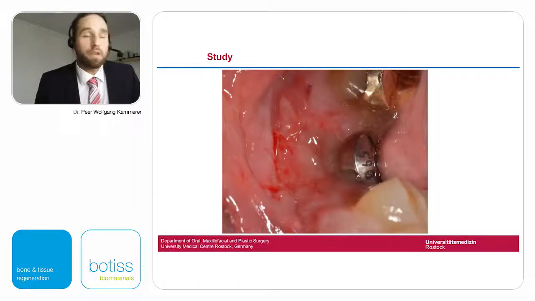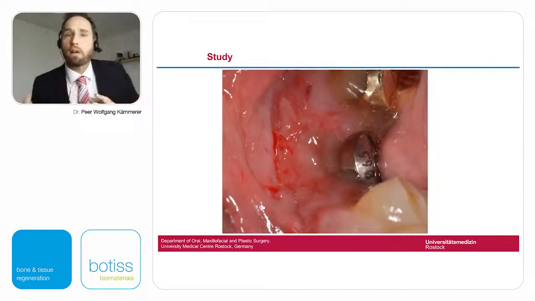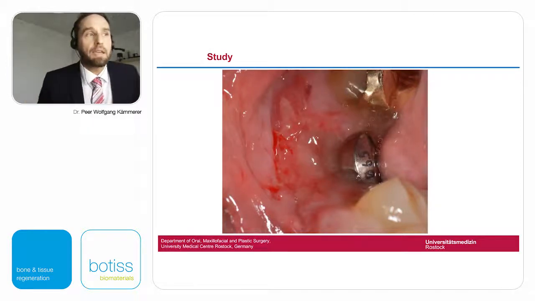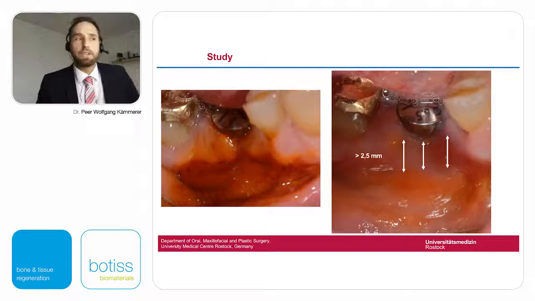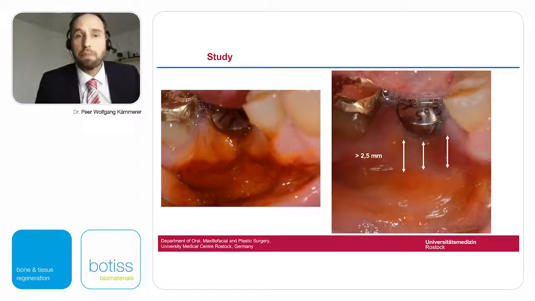But if you go a few days ahead, you will see there's really thick new epithelium growing. This is the same patient. This was before. These are the results after 3 months. So you have a really thick and new fixed mucosa around the implant.